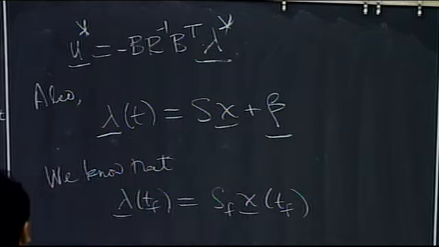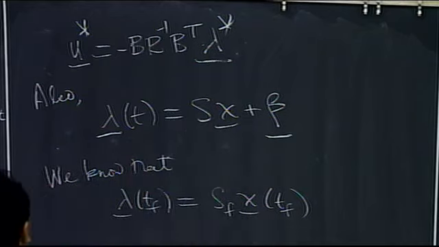So if that's true, then lambda at TF minus SF times X at TF has to equal beta at TF. But this quantity right here is equal to 0 because this boundary condition has to be satisfied. So what that directly gives you is that beta at TF has to equal 0.